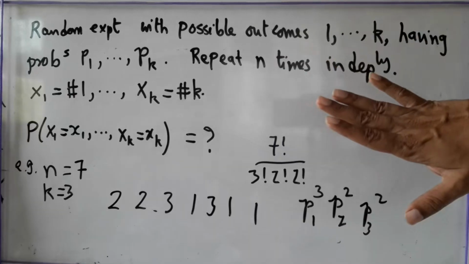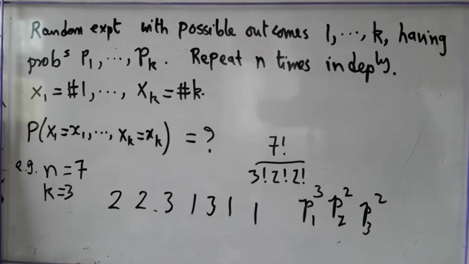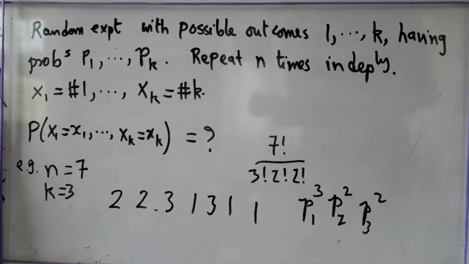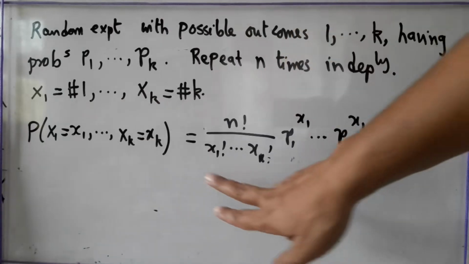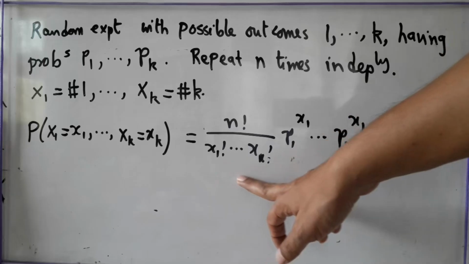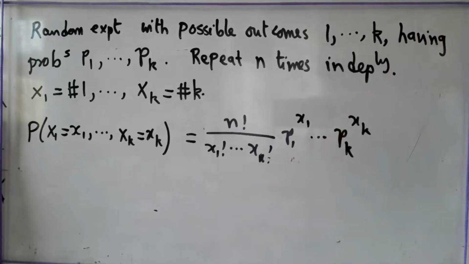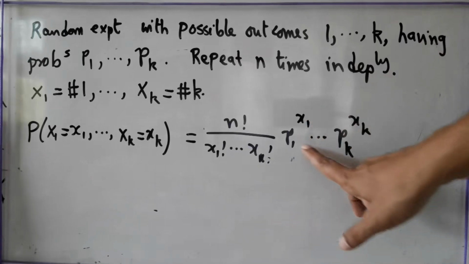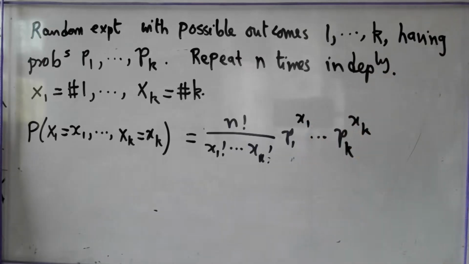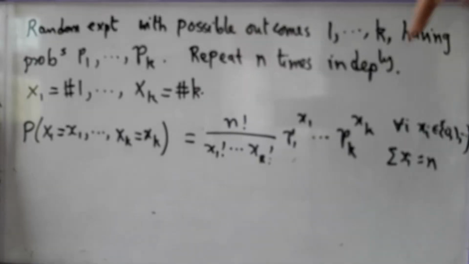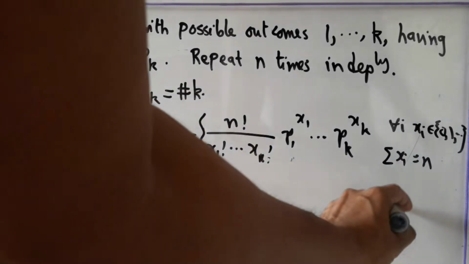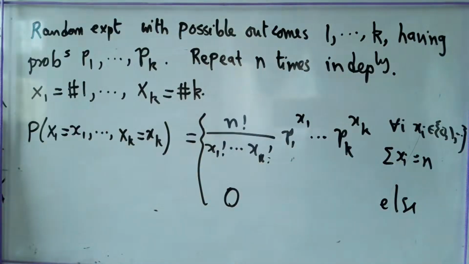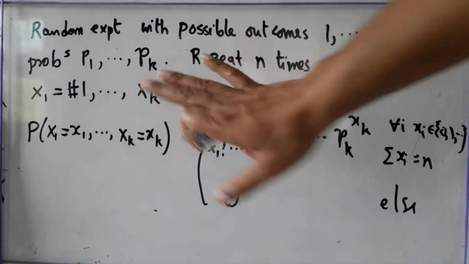So once you understand this argument, we can do it in general to get the answer. N factorial divided by x1 factorial times etc. up to xk factorial. Then p1 to the power x1 etc. product pk to the power xk, and all these things when for all i, xi's take value 0, 1, 2, etc., non-negative integers, and the total must be equal to n.